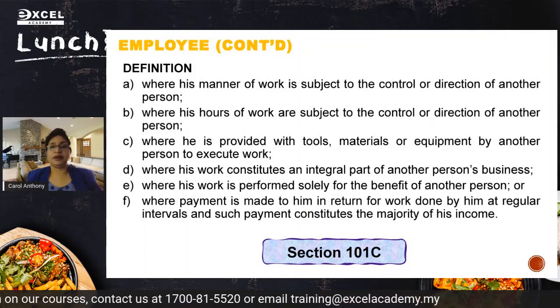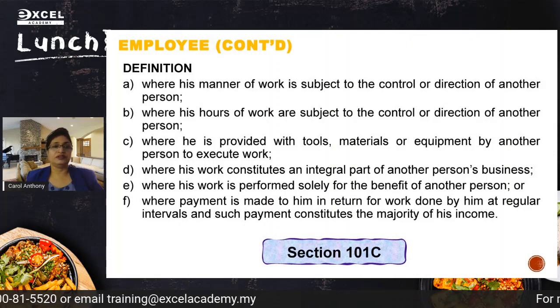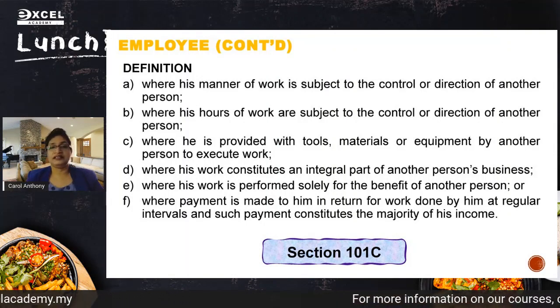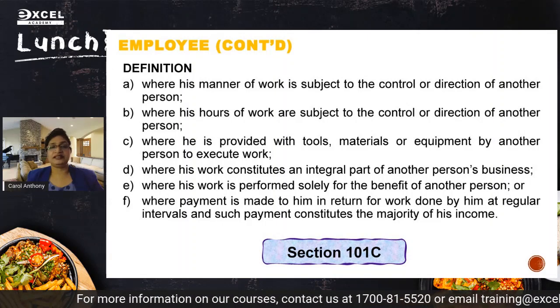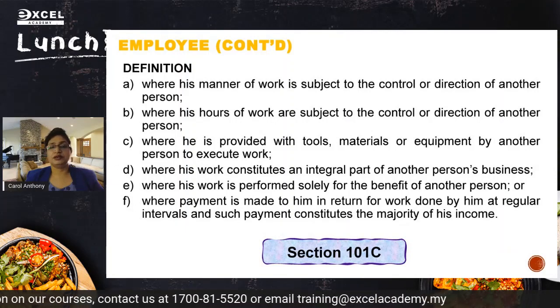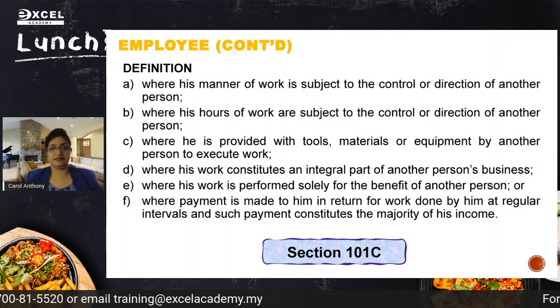So it's already implied. Once they start working, they are an employee. Same thing, we won't go through details. A to F is the same as what the employer provides, now the definition is switched to employee. Again, this can be found in section 101C.